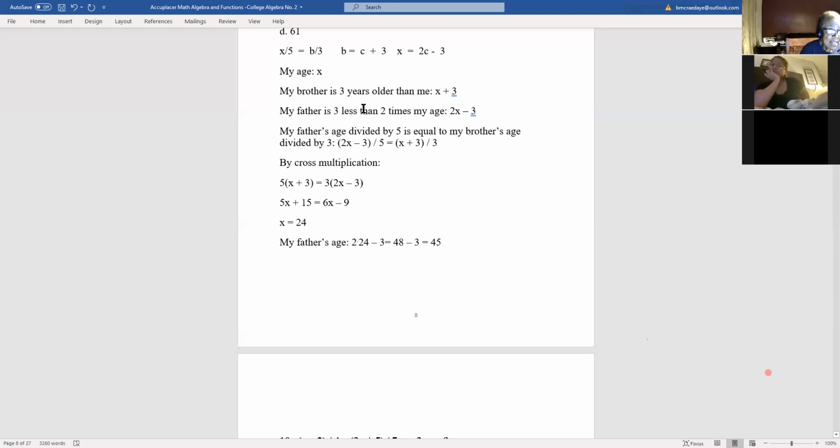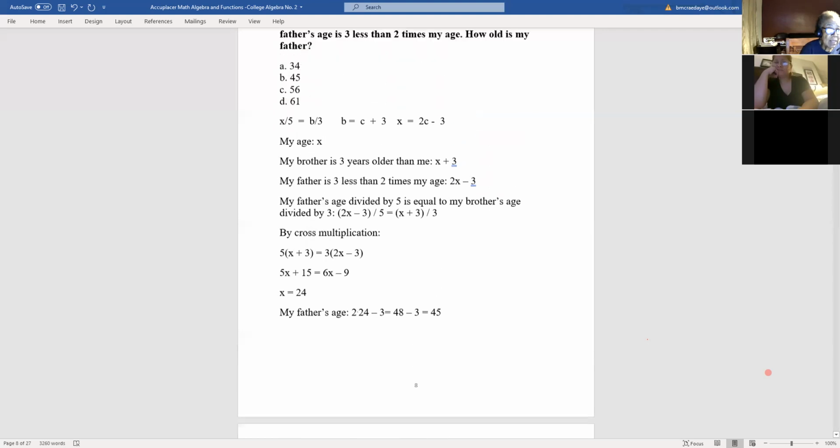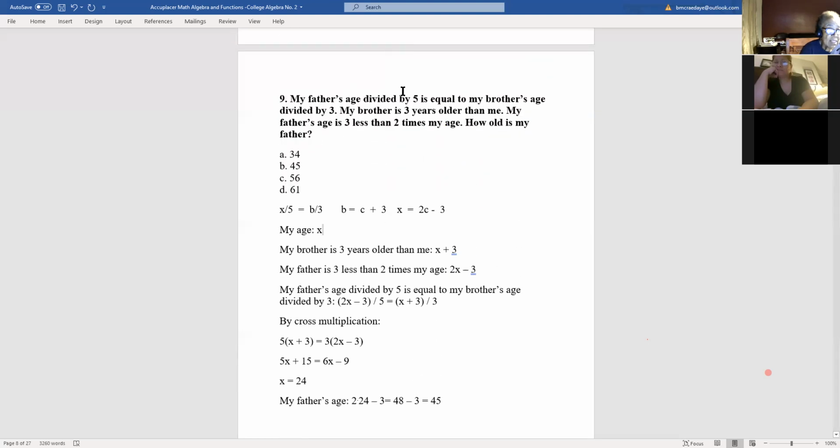Father 3 less than 2 times my age x, less than is subtraction, that's minus 3. Father's age divided by 5 is equal to my brother's age divided by 3, and that was given in the beginning of the problem. Questions?